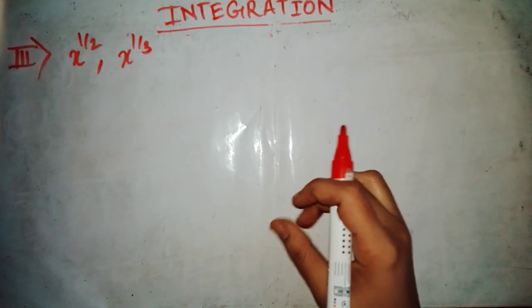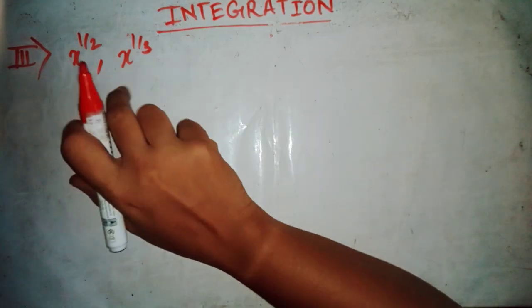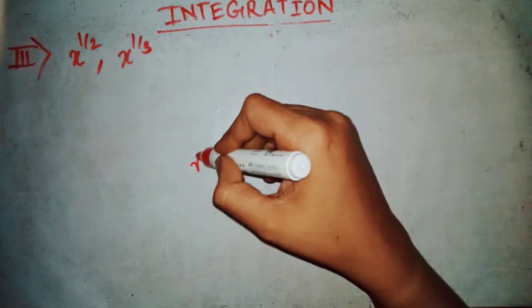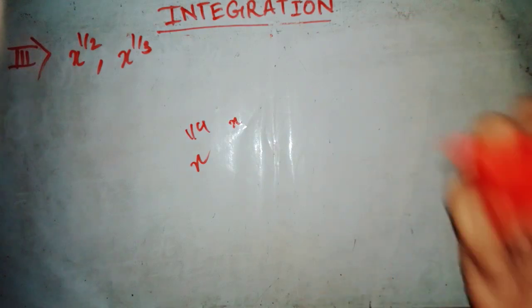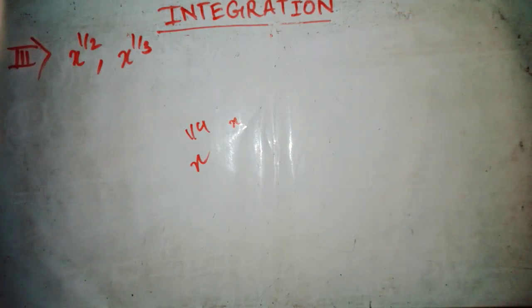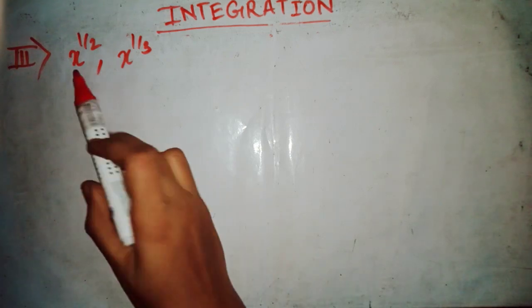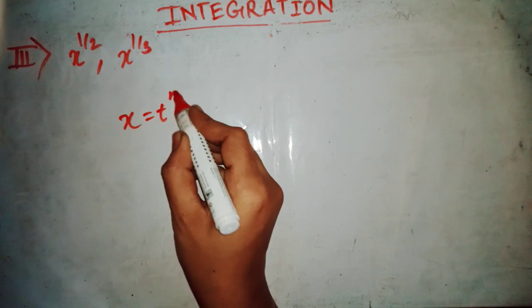Okay, so the third type is where the integral contains terms like x raised to 1 by 4, that is, fractional powers are there. In this type you have to put x equal to t raised to n.